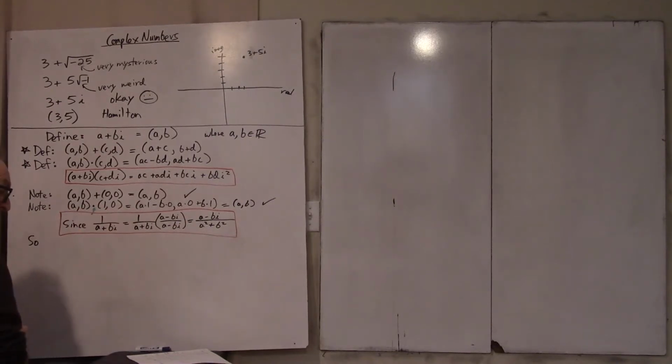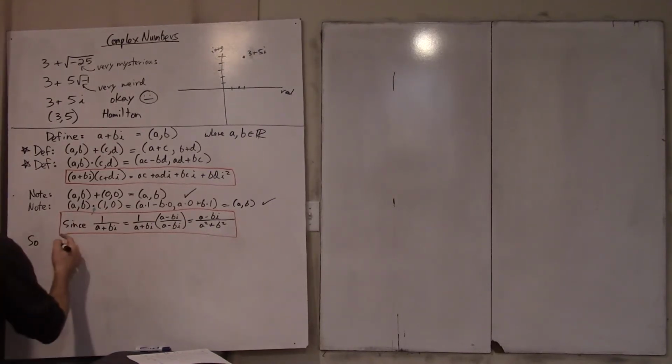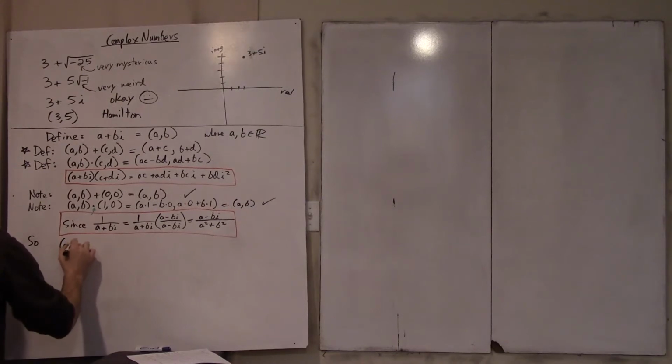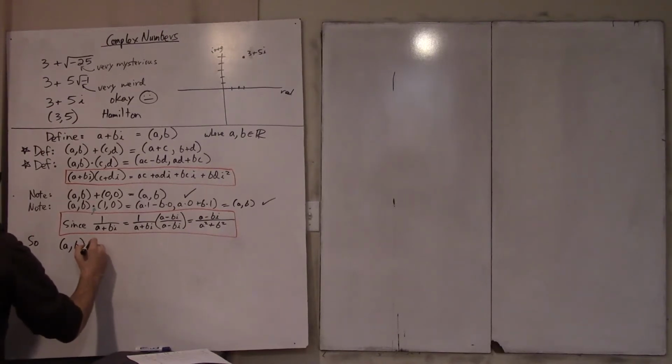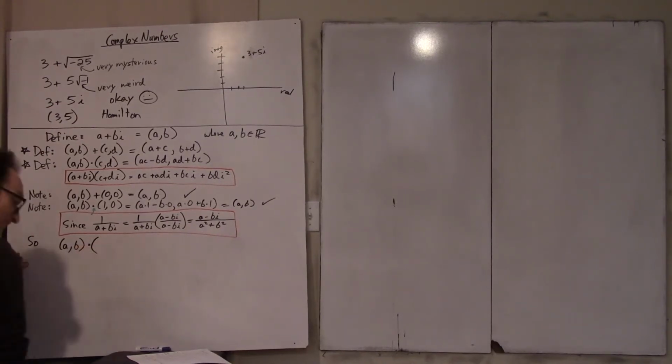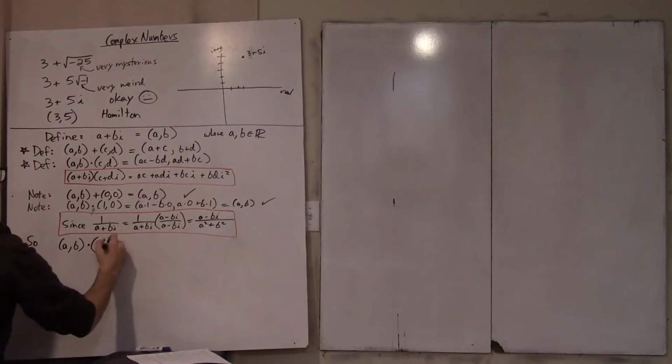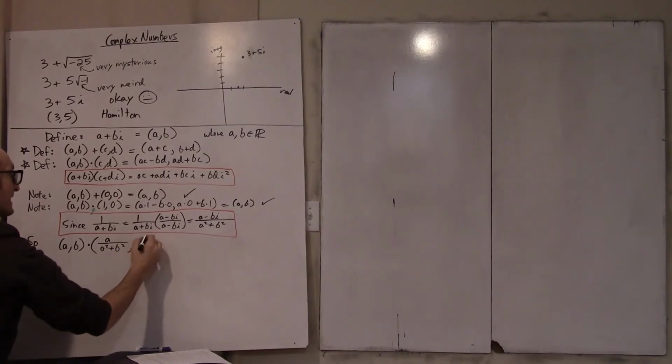I can now state, for the record, that if you give me any arbitrary ordered pair A, comma B, and you multiply it by A over A squared plus B squared, comma, negative B over A squared plus B squared.